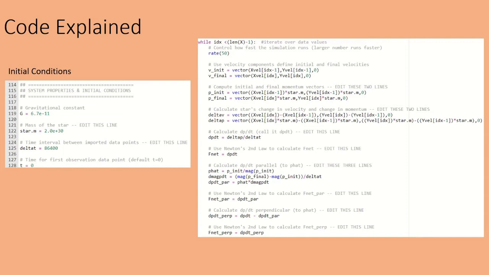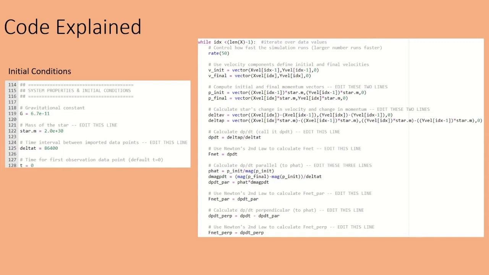And we have a while loop, and we calculate our velocity initial and our velocity final, which allows us to calculate the momentum, since it's just those velocities multiplied by the mass. Then we can calculate our delta p just by taking the final minus the initial momentum. And then dp/dt will of course just be that delta p divided by the delta t, and our net force overall will be dp/dt.